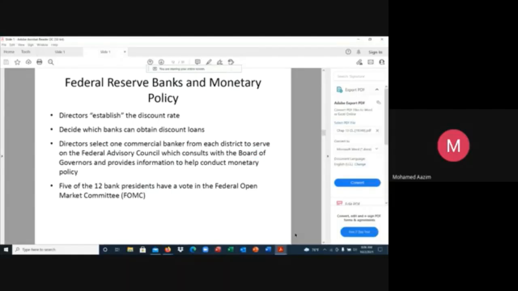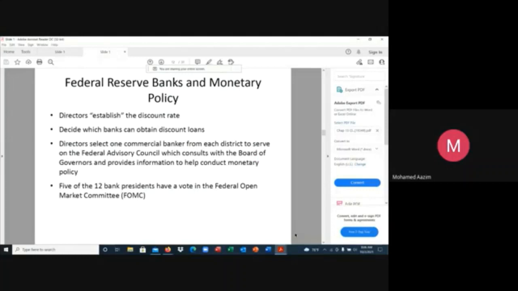The New York Fed Reserve Bank president is always a member of the FOMC, and 4 others from the other 11 Fed Reserve banks take turns to become members of the FOMC. Okay, so you see the establishment and the practices in the case of the US, also comparing with the Central Bank of Sri Lanka and other central banks from a broader perspective.